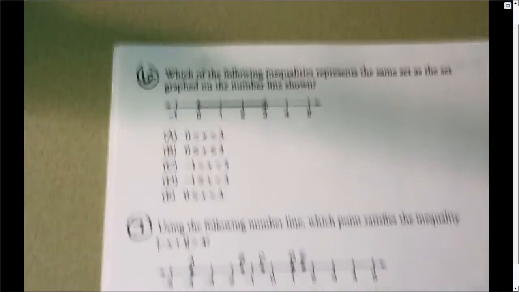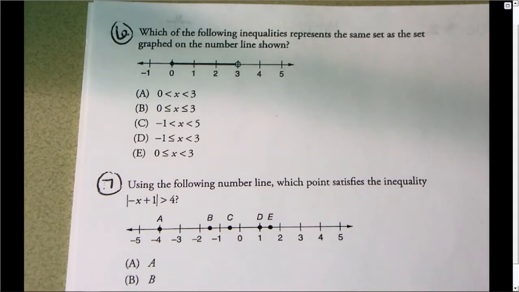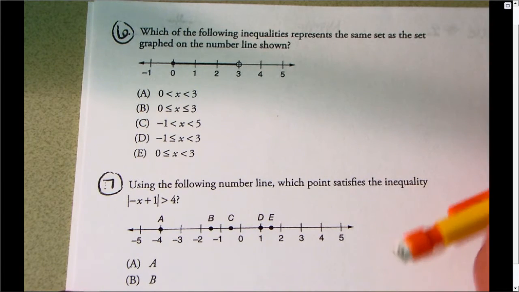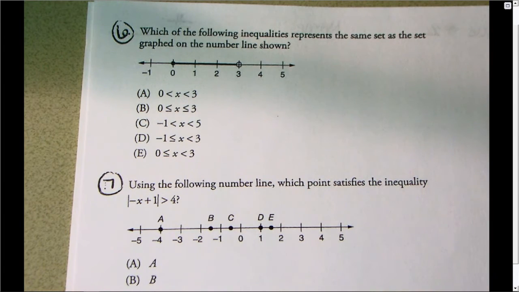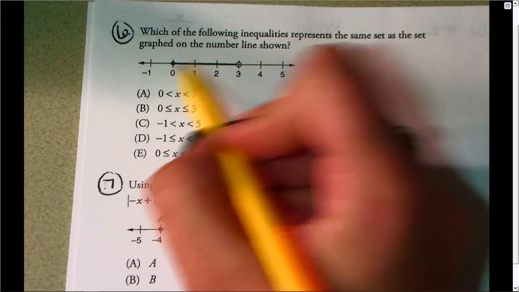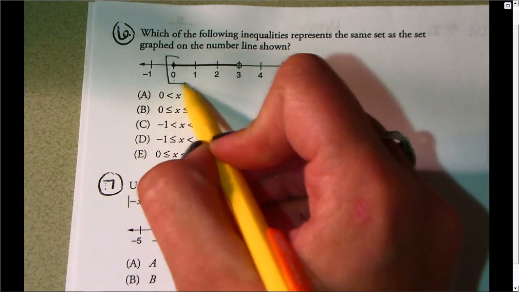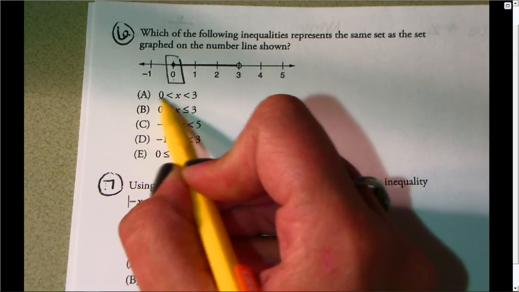Again, the ACT doesn't make you graph inequalities, but they do expect you to know how to read them because it is a multiple choice test. They do expect you to know how to read certain things. So for number 6, it says, which of the following inequalities represents the same set as the set graphed on the number line shown? First thing we should recognize is we have a closed circle at 0, closed at 0, open at 0.